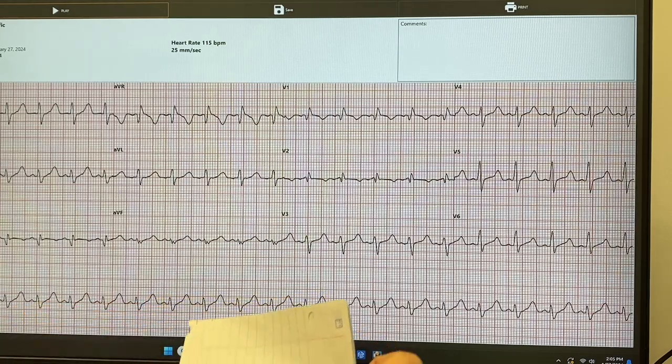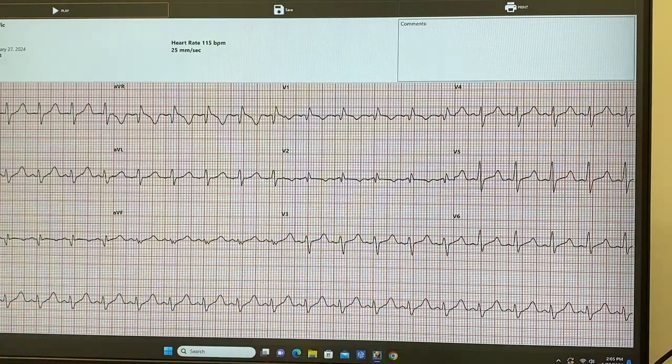There appears to be a regular rhythm. Okay, regular rhythm, good. All right, and now we're checking for our rate, so locating our R's.